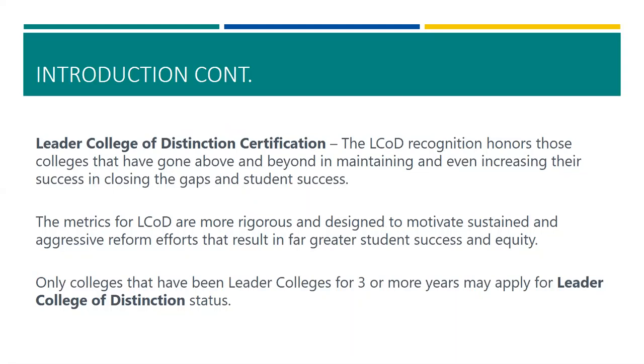To encourage continuous improvement and recognize network colleges that have sustained and improved their reform work, Achieving the Dream has created the Leader College of Distinction. Leader colleges that meet new, higher student outcome criteria will be given the title of Leader College of Distinction. These more rigorous requirements are meant to motivate sustained and aggressive reform efforts that result in far greater student success and equity. Again, only colleges that have been leader colleges for 3 or more years may apply for this status.